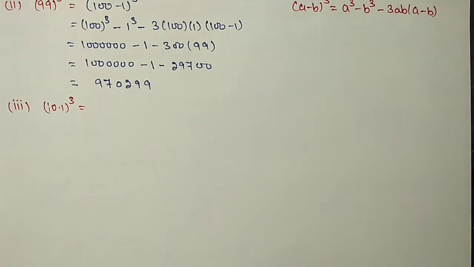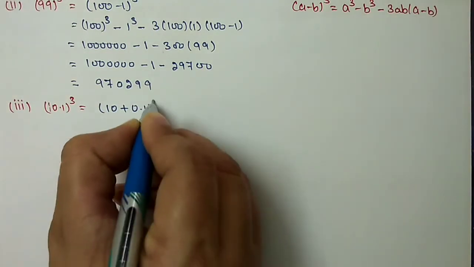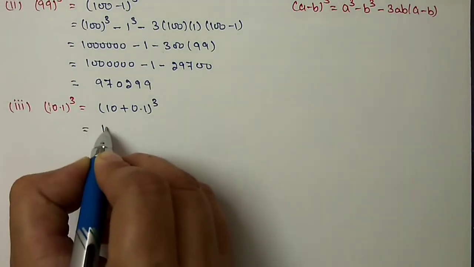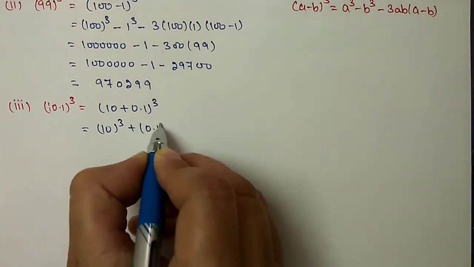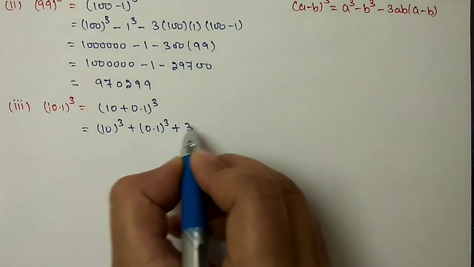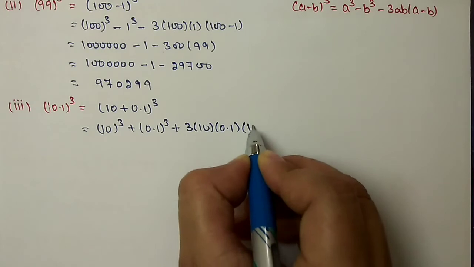Third part, 10.1 whole cube. We will split as 10 plus 0.1 whole cube and we will apply the a plus b whole cube formula. A cube plus b cube, then plus 3ab and a plus b.